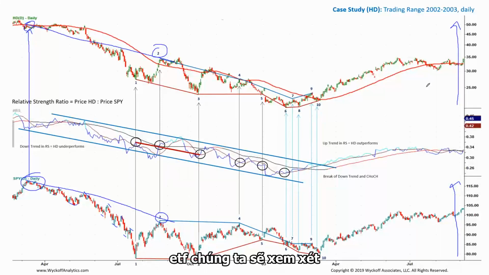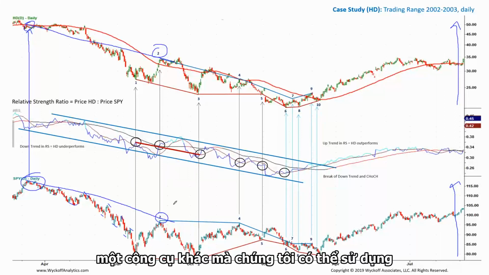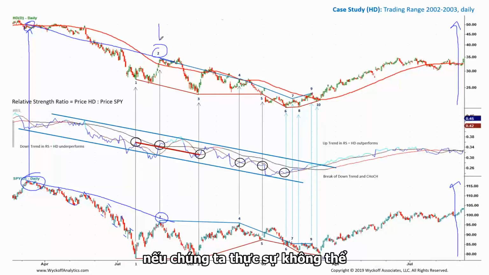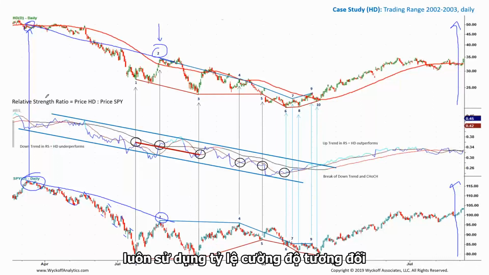We would look at maybe the Dow Industrial, and that index is in the thousands. So it's going to be hard for us to reconcile the scale. But we'll talk about another tool that we could use. If we can't make a judgment on a comparative basis as to what is stronger and what is weaker, we could always use a relative strength ratio line.